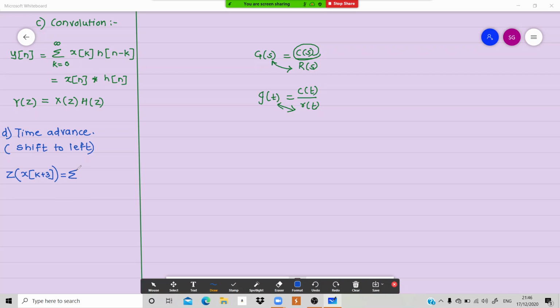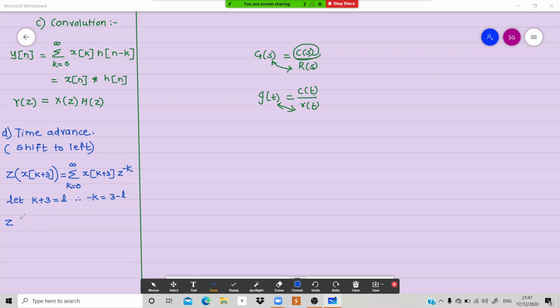Summation of k equal to 0 to infinity x of k plus 3, z raised to minus k. Now let k plus 3 equal L. So what can I write for minus k? Minus k will be 3 minus L.